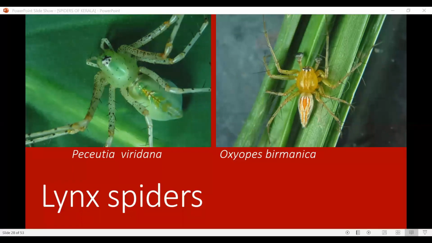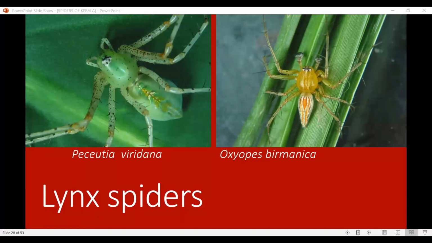Another genus is Peucetia viridans. It's a green spider, but it has one interesting thing. It has the habit of spitting or spraying its venom at intruders, even on human beings. It's not that common, but still quite common in our area.